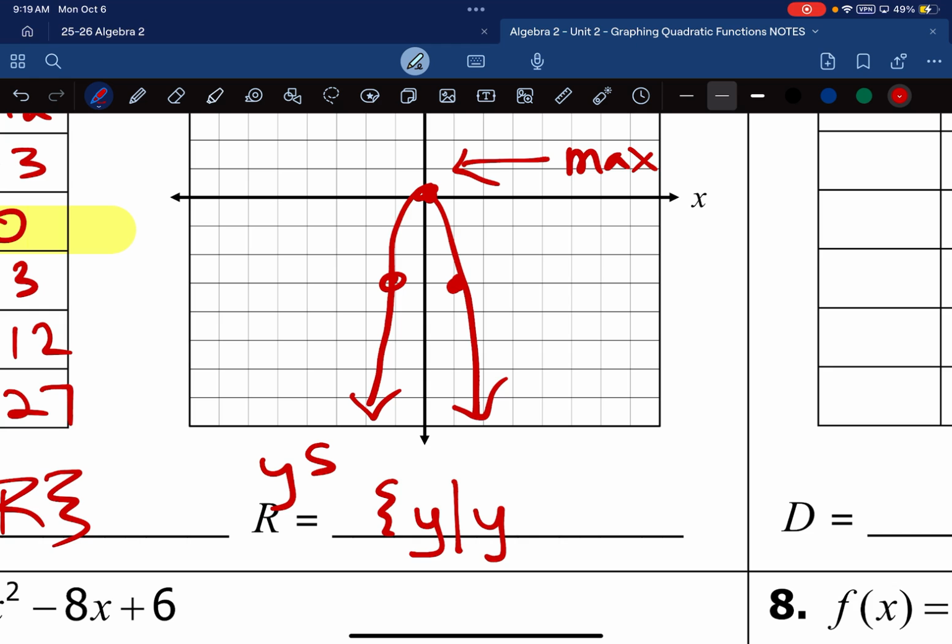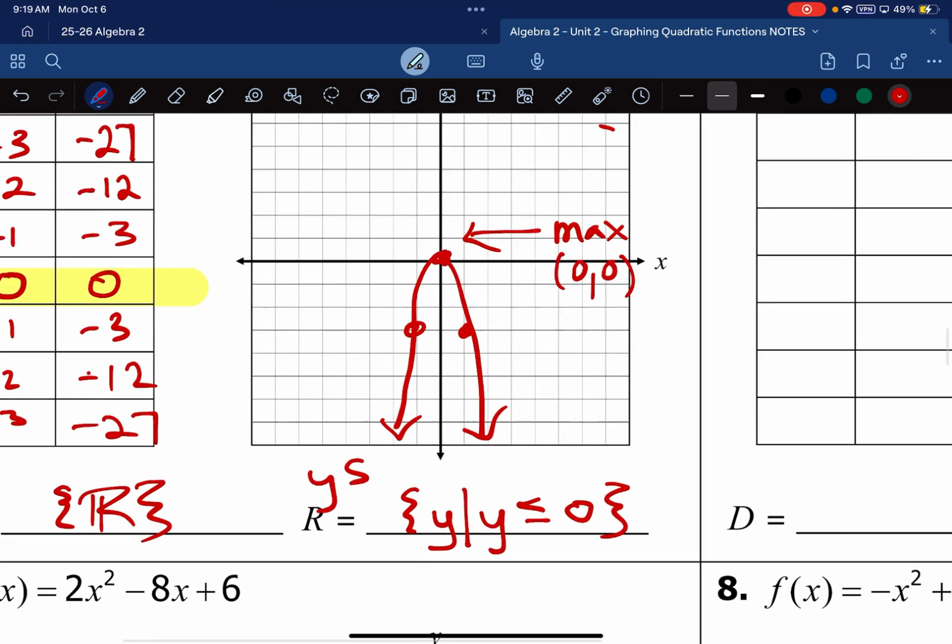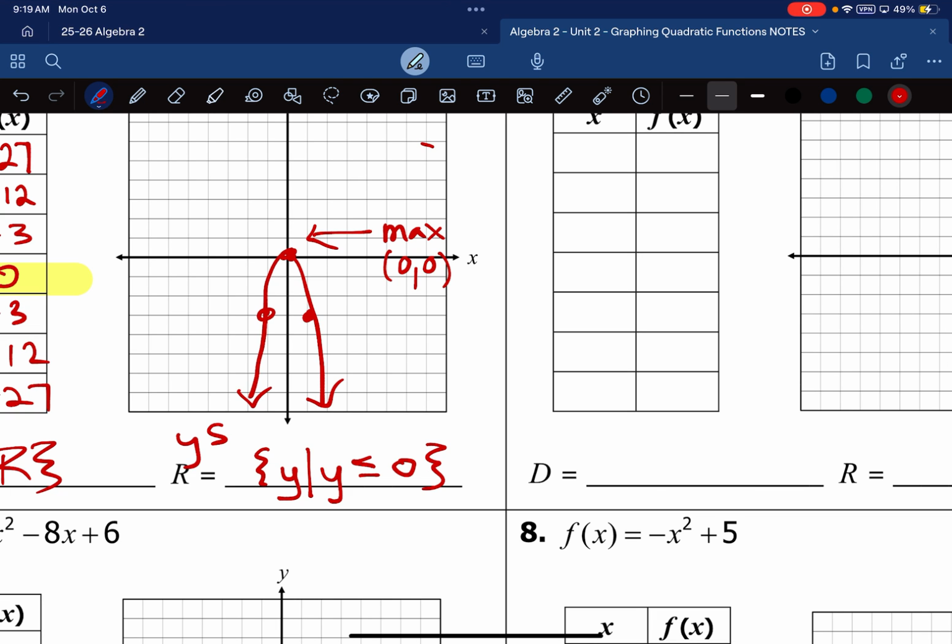Remember, this is our maximum value. This is the ordered pair (0, 0). That y value is 0. That is the biggest y that it will be. So y has to be smaller than that number, so less than or equal to 0. So less than when it's opening down, because we have a maximum. It's going to be greater than when it's opened up, and we have a minimum.